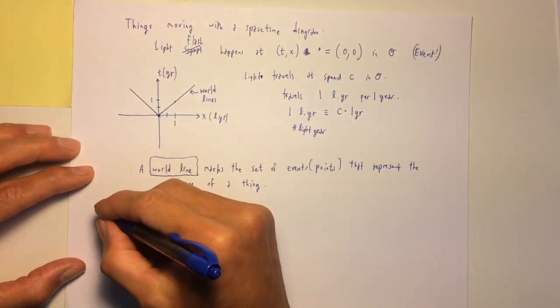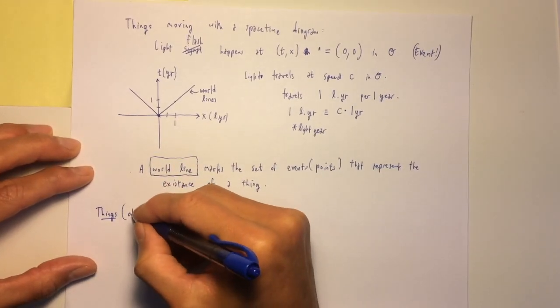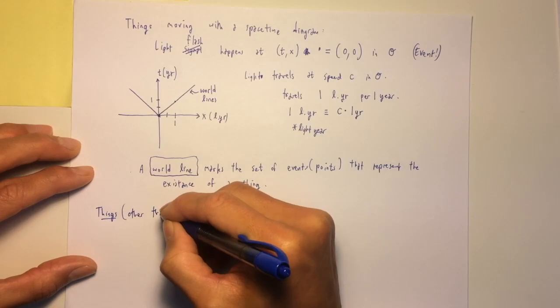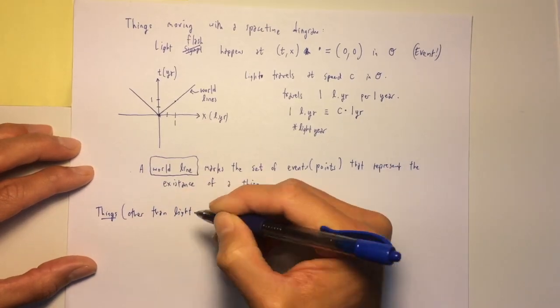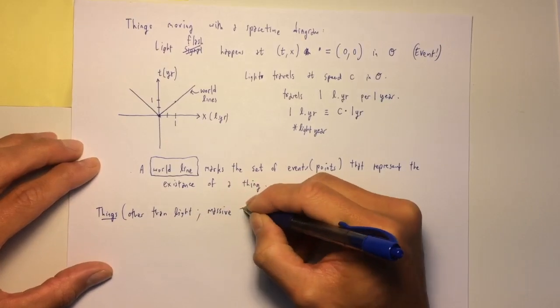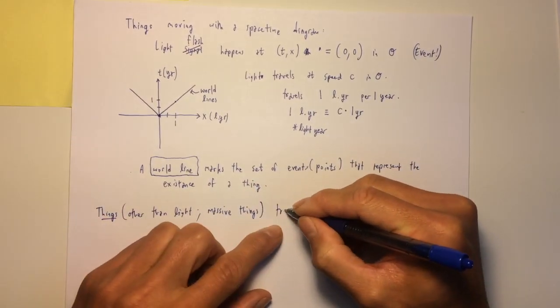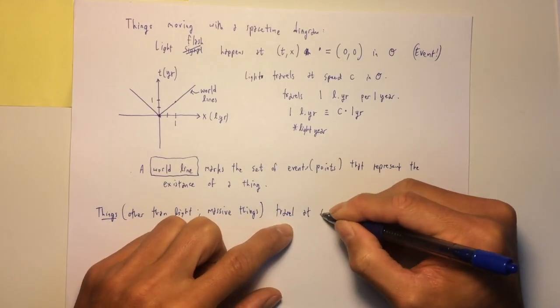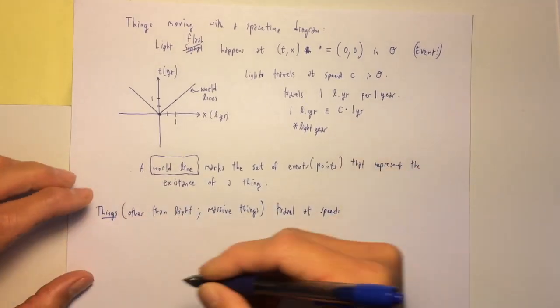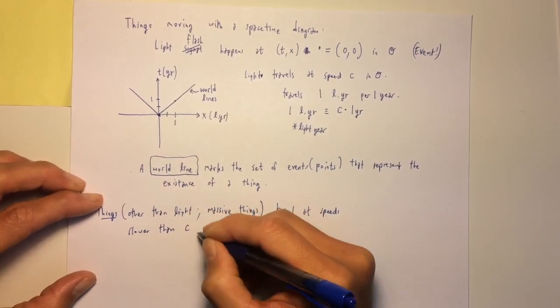Okay, so things other than light, and it turns out massive things in particular, travel at speeds slower than c.